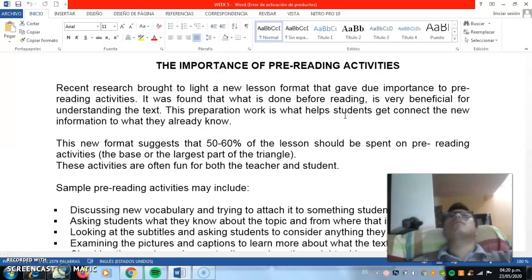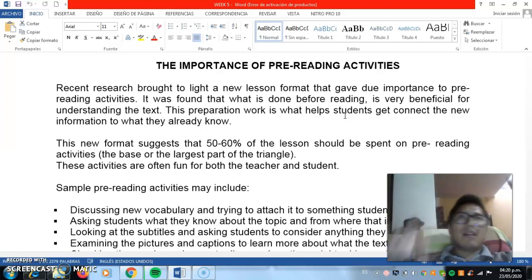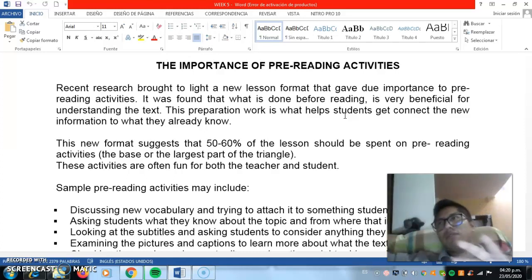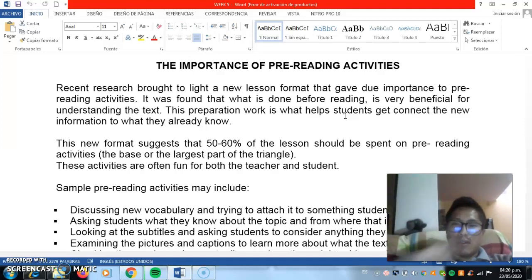Yes, this is the idea. Maybe they got some previous idea about it, so they can talk, speak, write, and develop their skills, and after that they will be very ready to face the test indeed. So they won't have too many problems that they would find without doing these pre-reading activities.